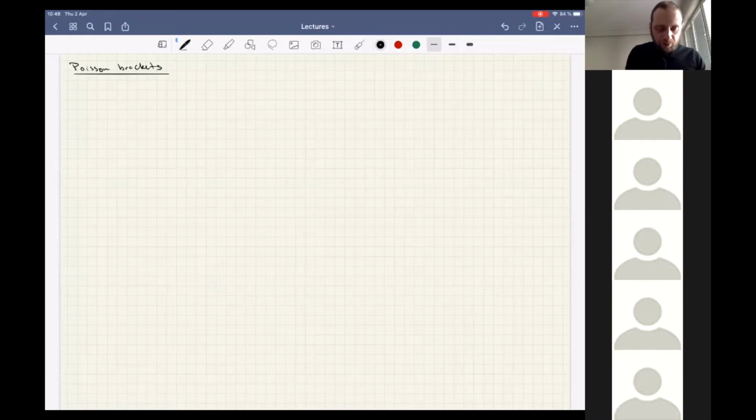So a Poisson bracket is essentially a mathematical construct on phase space, and that will simplify our notation. So I'm just going to go through the definition, then we're going to see how that relates to what we just did.